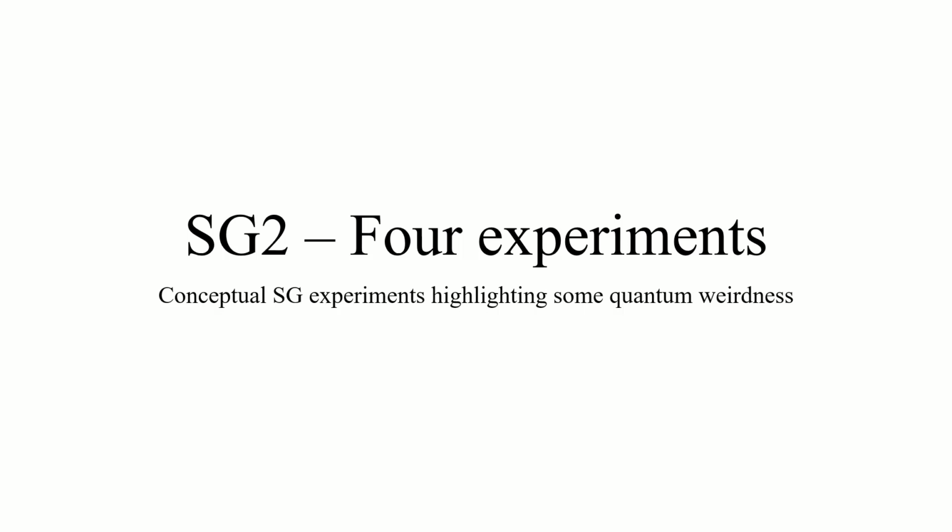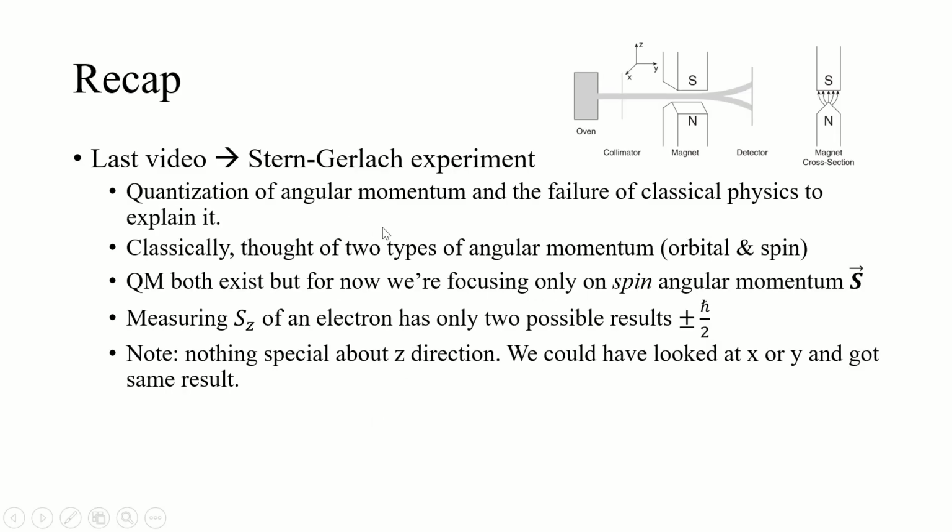to use quantum mechanics. Last class, just to recap, we covered the original Stern-Gerlach experiment, which showed the quantization of angular momentum, and we also discussed the failure of classical mechanics to explain this.